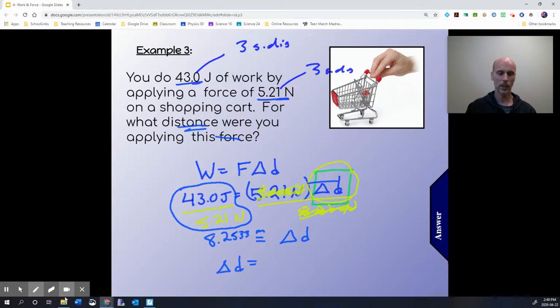So our answer can have 3 significant digits, 8.25. So we stop here at the 5. There's a 3 following that, so it doesn't bump it up, just like in math. It's less than 5, so we leave it the way it is. So our answer is 8.25 meters. So the final answer to the question, if you do 43 joules of work and you apply 5.21 newtons, what was your distance? That's it.